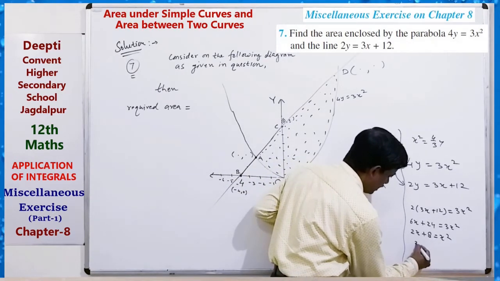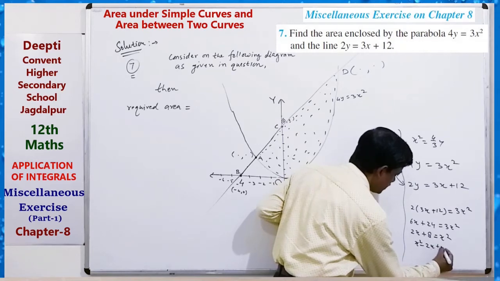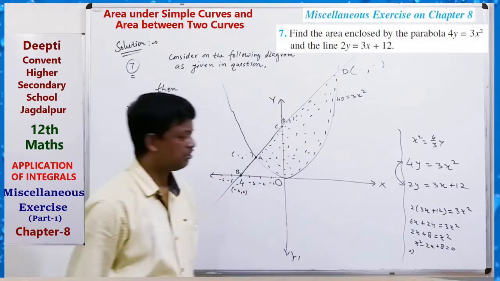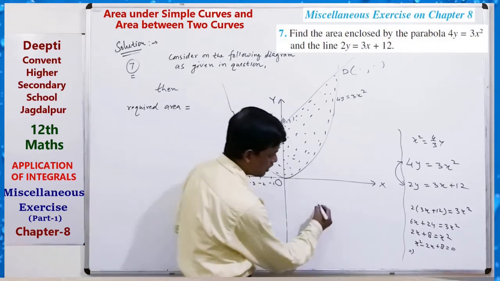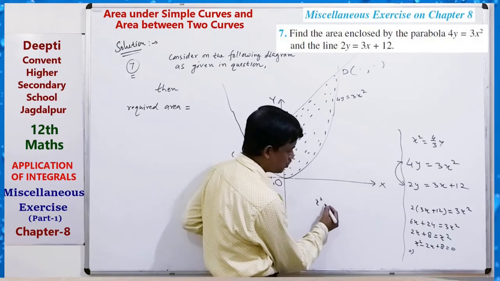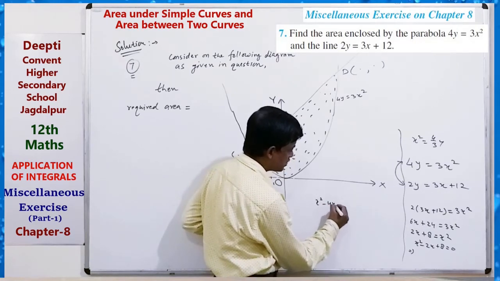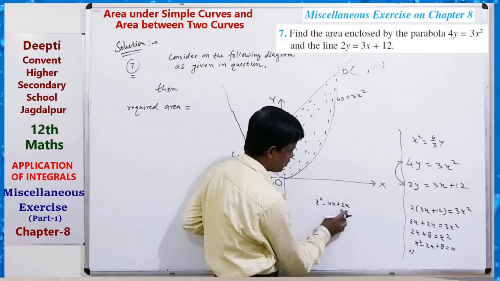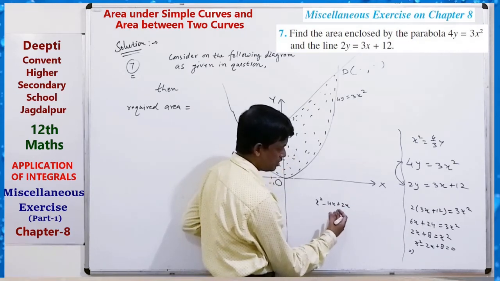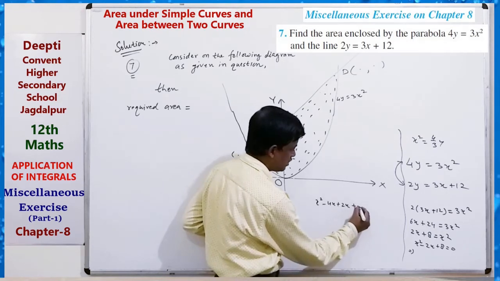Now x square minus 2x minus 8 equals 0. Now we can factorize it. X square minus 4x plus 2x, so minus 2x, and minus 8, equals 0.